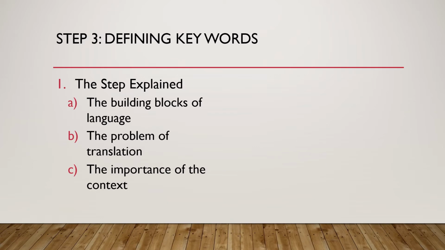Another really important factor in doing this is the idea of context. Context, I would say, doesn't determine the meaning of the word, because I do think words have meaning in and of themselves.